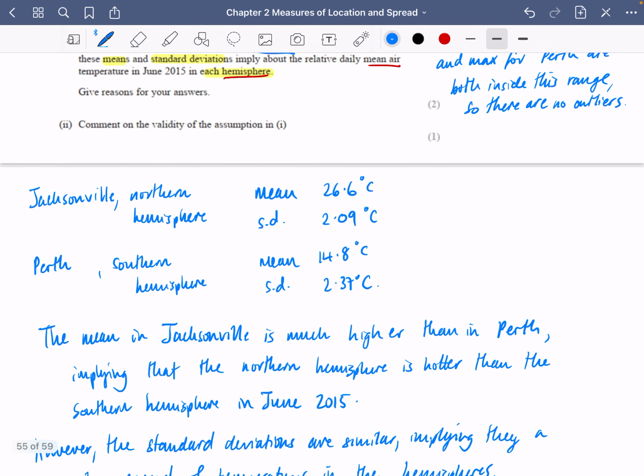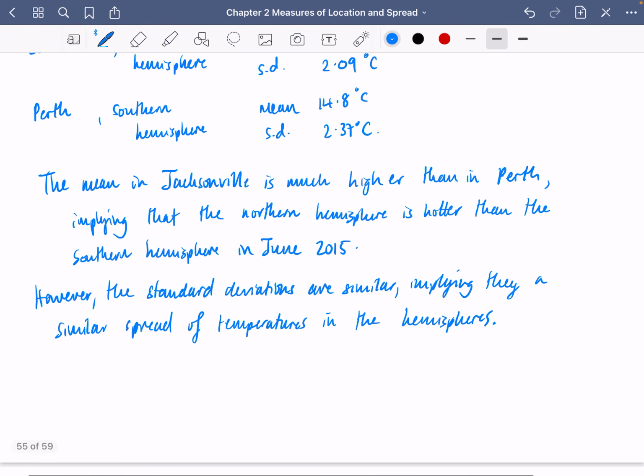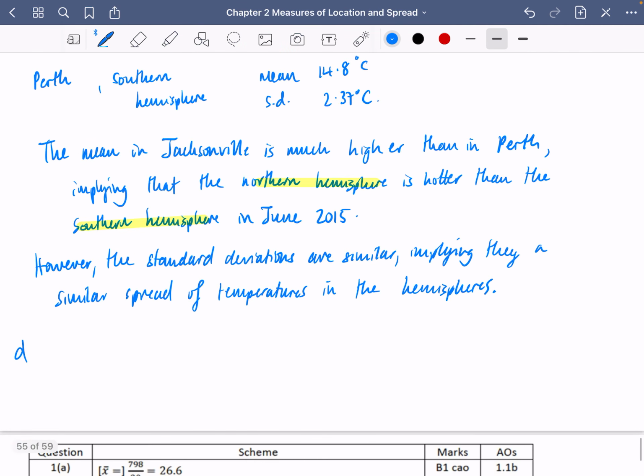And then it just says comment on the validity of the assumption in 1. So we have just tried to make a comment about the northern hemisphere and the southern hemisphere. And you should be thinking to yourself, I wonder if that is a sensible thing to do. Well, it's probably not going to be valid because we've only been looking at 2 locations.